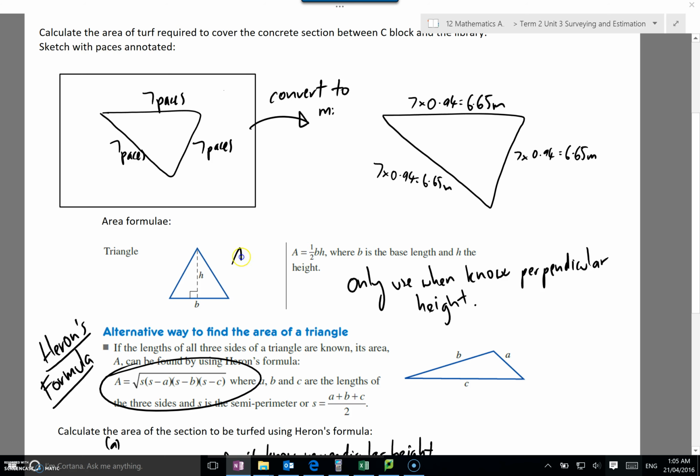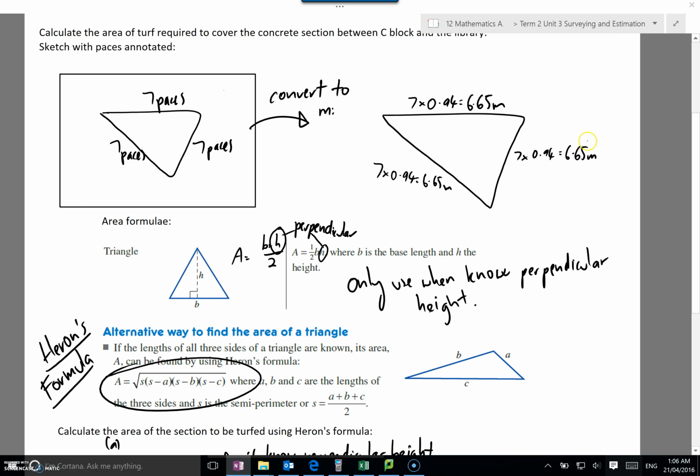You probably remember area of the triangle, base times height divided by 2. But remember this h, or in a half base height, these two h's really mean the perpendicular height, which means the height at right angles of the triangle.